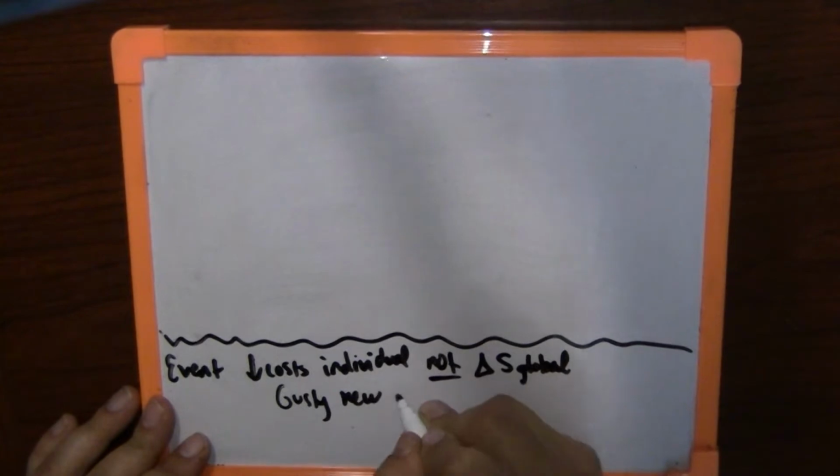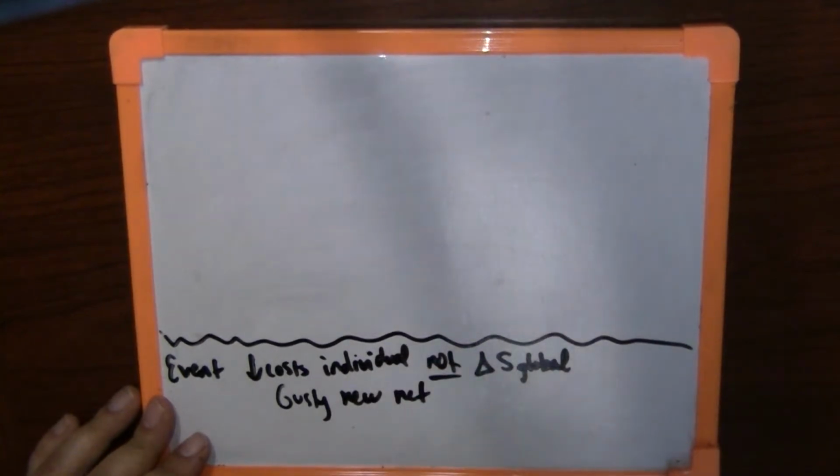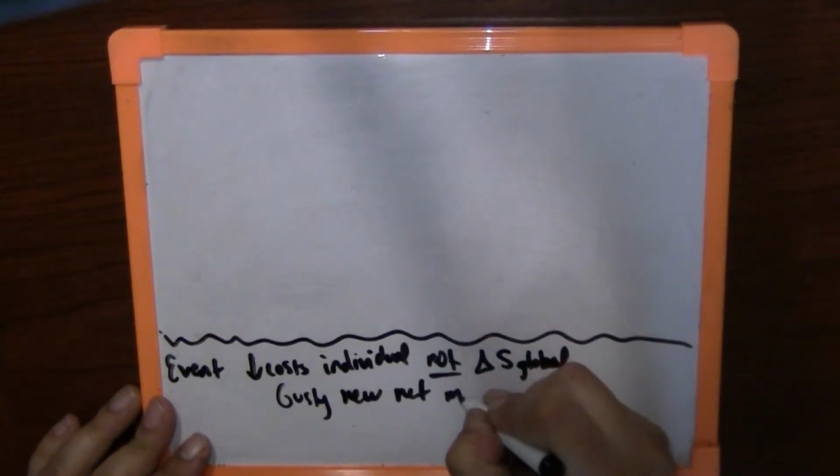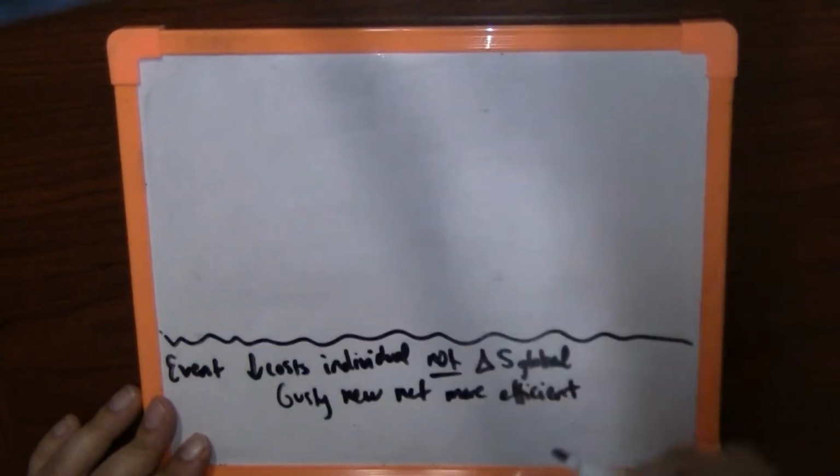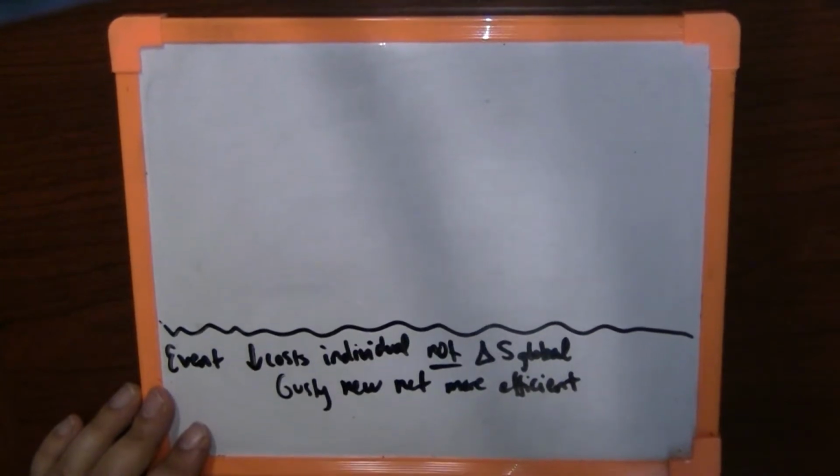He gets a new net that is more efficient. Say he's a very entrepreneurial salmon harvester. He finds a new fabric that is less likely to get tangled in salmon gills. He can pick from his net faster.